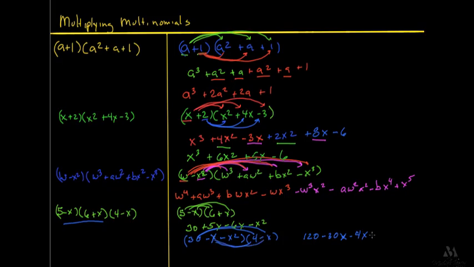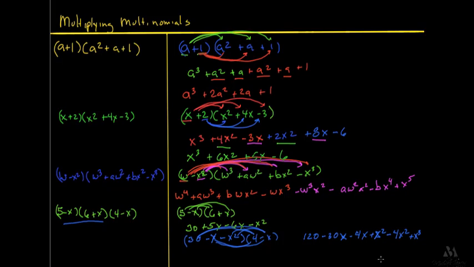Take the negative x times the negative x, and negative times the negative is positive. I'm sorry, this is x squared. Negative x squared times 4 is going to be negative 4x squared. And finally, negative x squared times negative x is going to be positive x cubed.